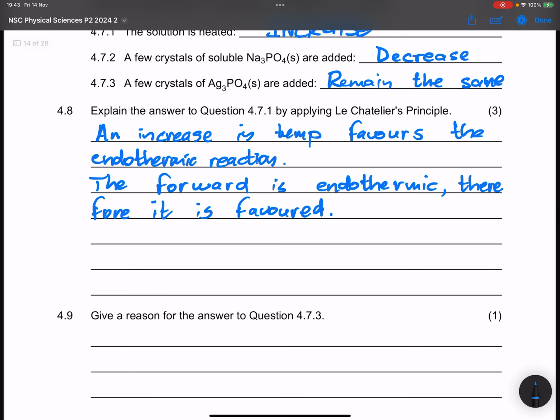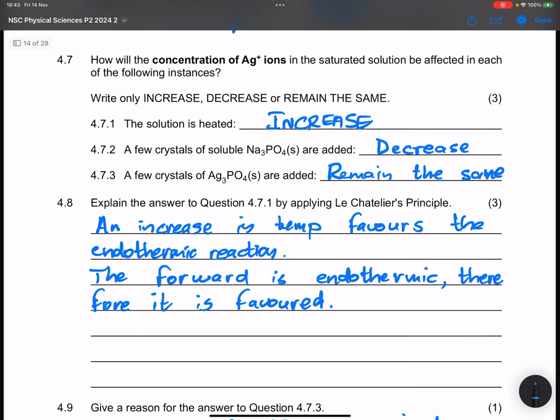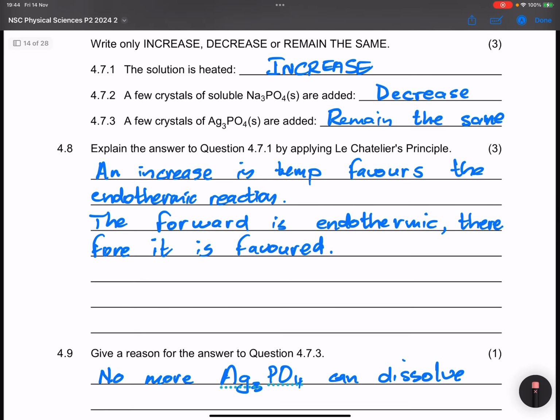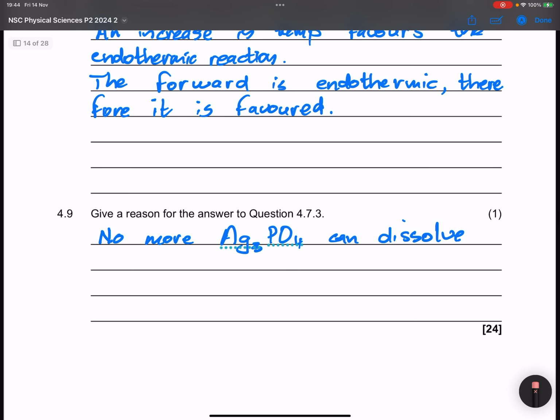Okay, right, so essentially we can say that no more Ag3PO4 can dissolve because they also told us that it is a saturated solution, right? So in that case, please just note also it being a solid would not necessarily affect the rate of the reaction, and thus would not shift equilibrium as well.